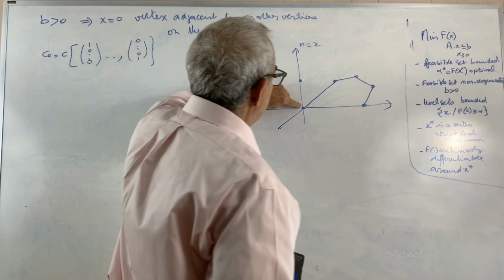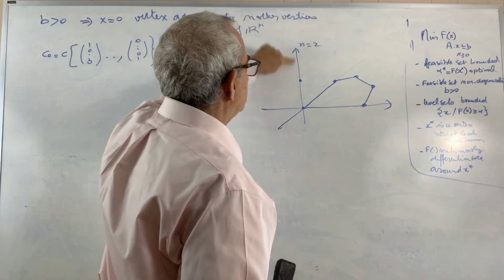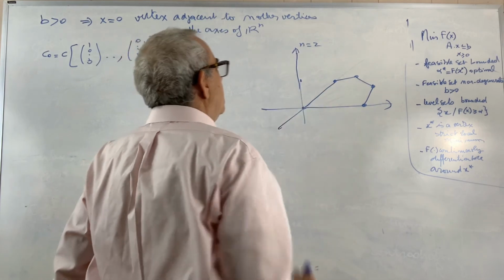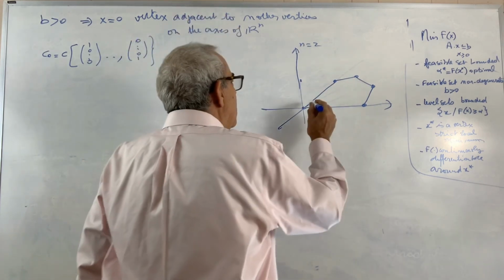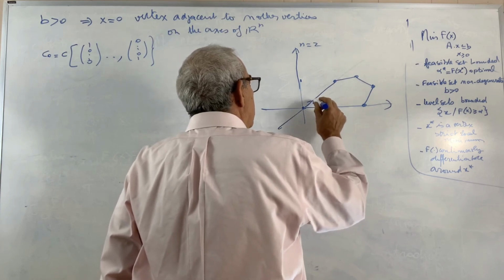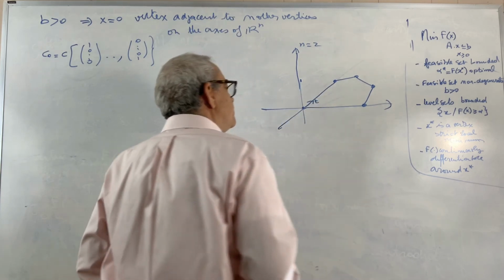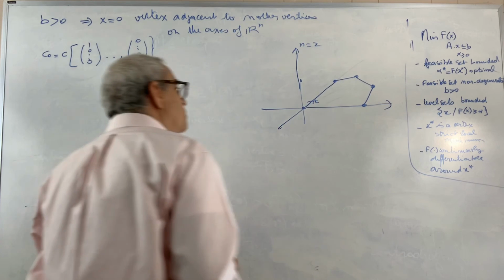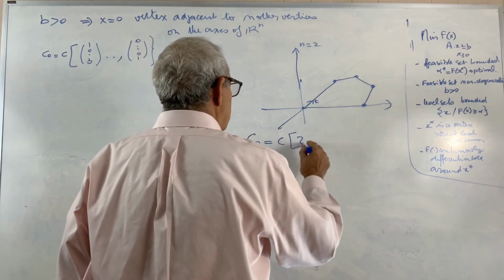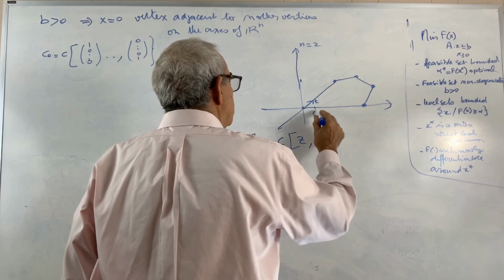In other words, there are no feasible points along this axis. So I need to find this vector here. Let's say I have this vector z. I could start with my C0 would be C of z, and this is 1, 0.